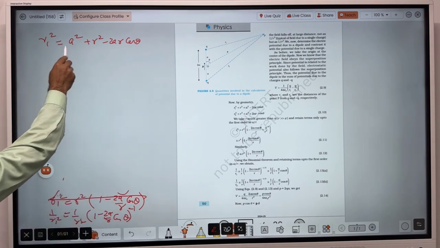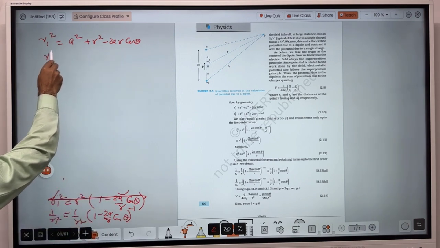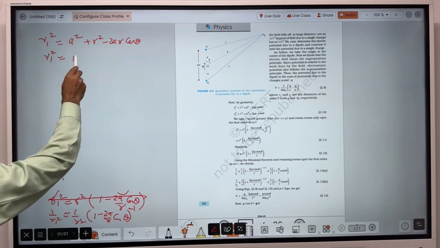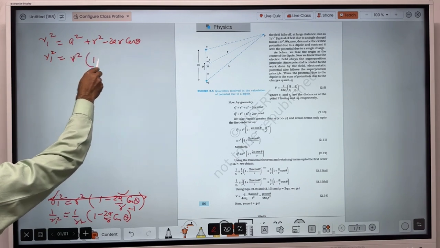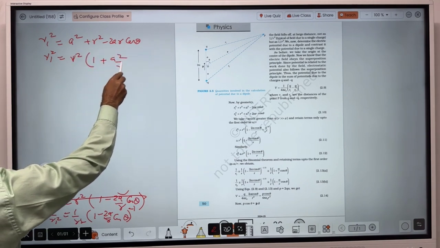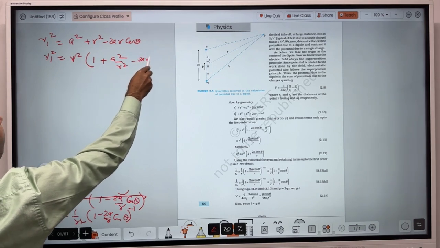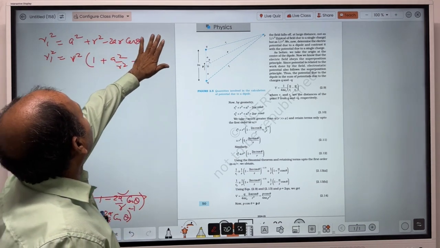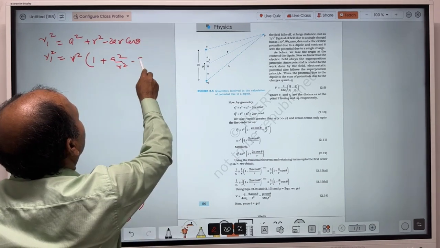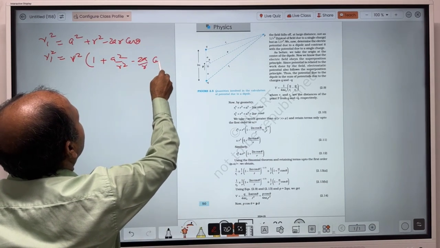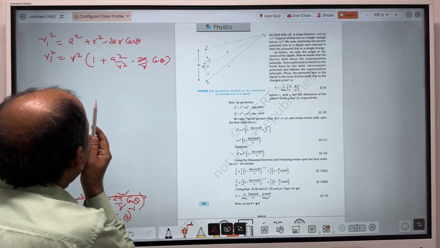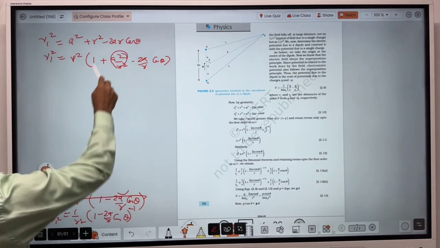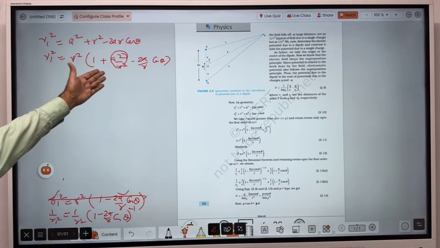So when r square is taken outside, r1 square becomes r square times 1 plus a square by r square minus 2a upon r cos theta, since you are dividing by r square. And as I told you, you can make an assumption that a square by r square is negligibly small with respect to 1, so we can ignore it.